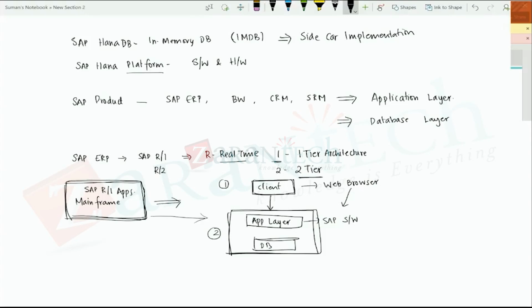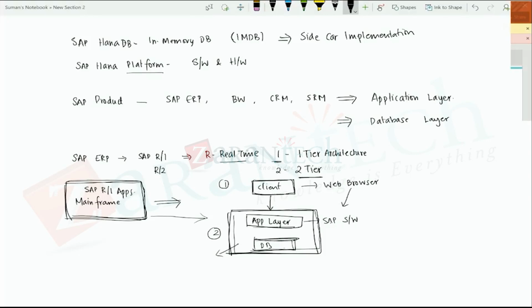But the significant disadvantage with this approach is that your application layer, that is your software, and your database are sitting within the same server. So if the server goes down or gets shut down, both your application layer and your database layer are unavailable to you. That is a bigger issue for our organization.